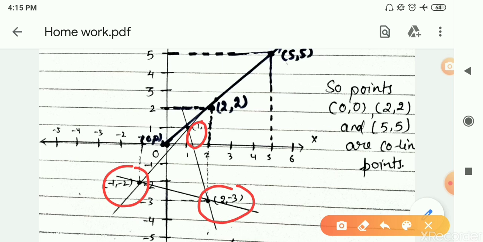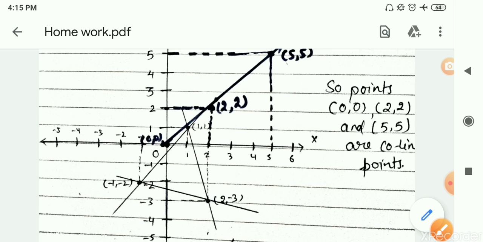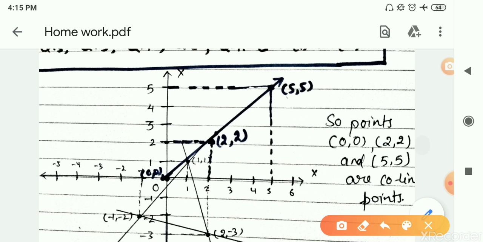While if we talk about the third part of question number four, you can see there are 3 points. One of them is 0 0, which I have mentioned here, the origin. The second point is 2 comma 2, which is lying in the first quadrant, and the third point is 5 comma 5, which is also lying in the first quadrant.